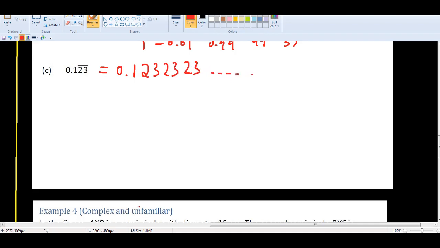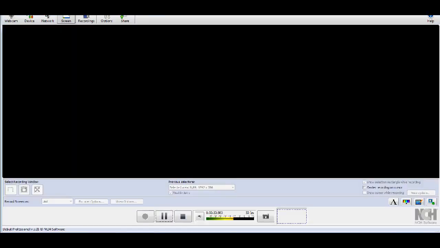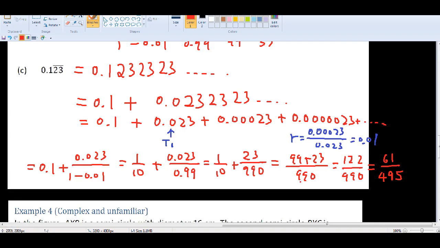You should give yourself some time to see if you can create an infinite geometric series pattern. You need to think about the 2 3 2 3. What's your first term? This one could be tricky. It's trickier than the last two. Anyway, I'm going to give you some time. Okay, so here you are.